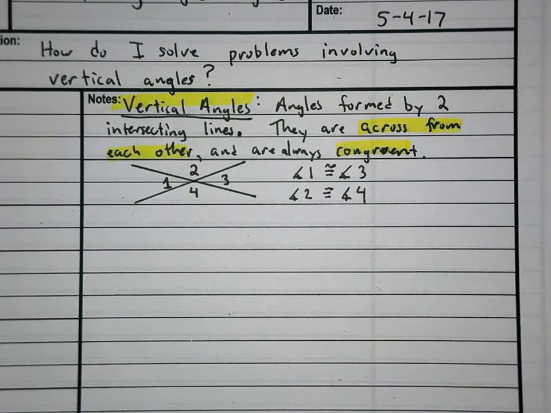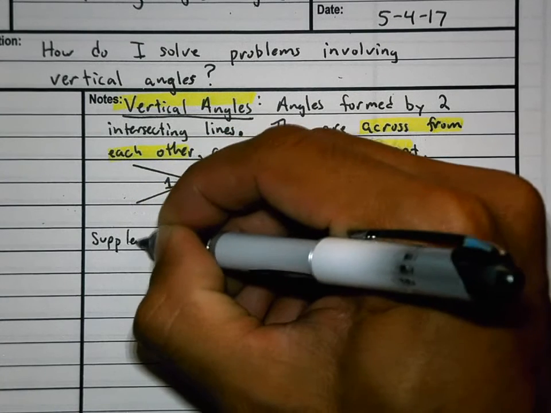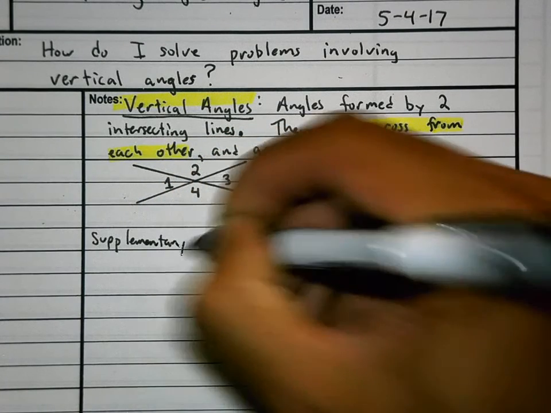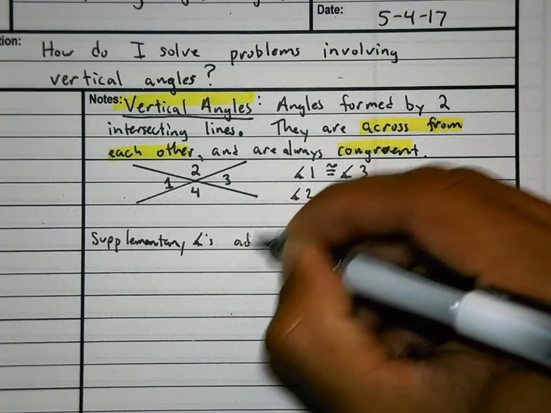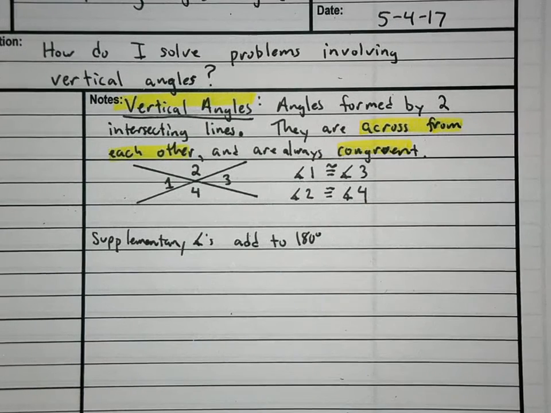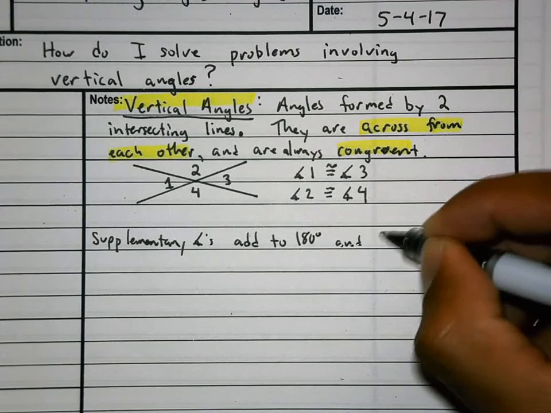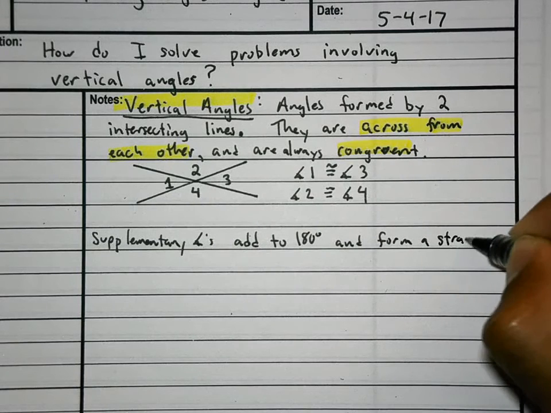The other fact you're going to have to use with vertical angles is that these adjacent angles are supplementary. I don't know if you remember that, but I'm also going to put down that supplementary angles add to 180 degrees and form a straight line.